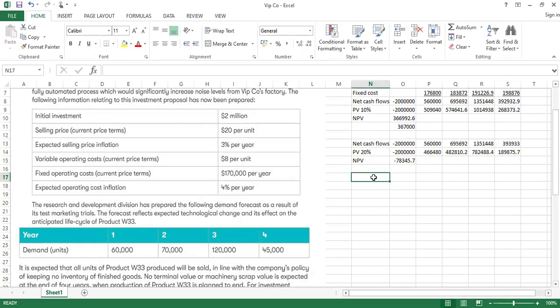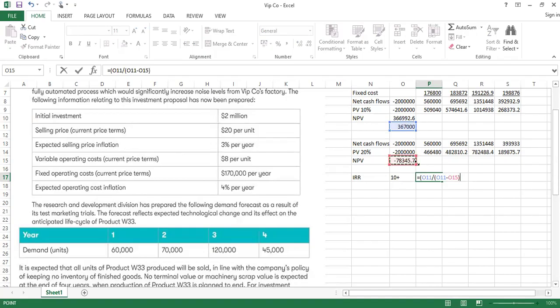We will calculate IRR. You can use the formula of IRR provided here, but I am not using the formula right now. I will write simply lower discount rate, which is 10, plus bracket open, highest NPV divided by highest minus minus, it will become plus, or minus, it is already in negative, it will be automatically plus.